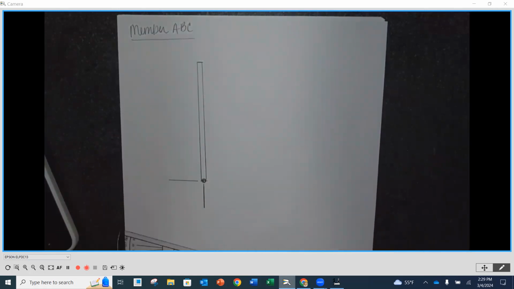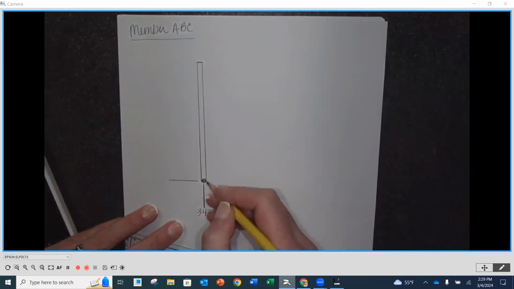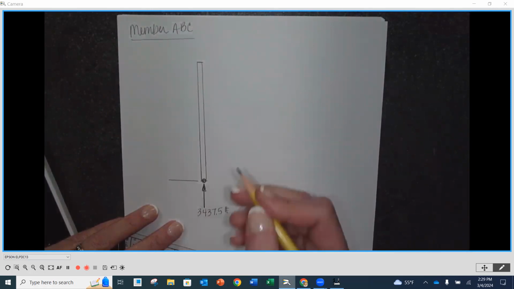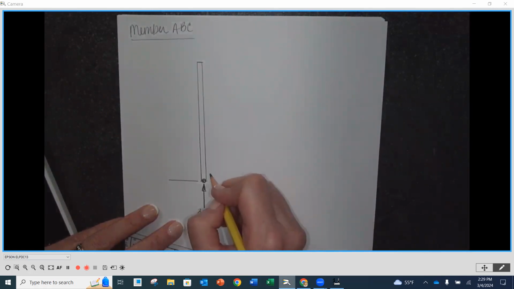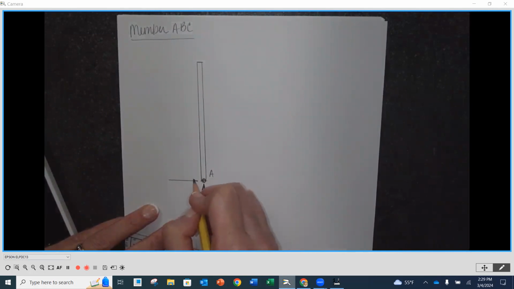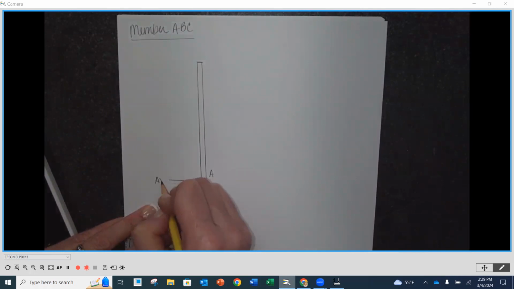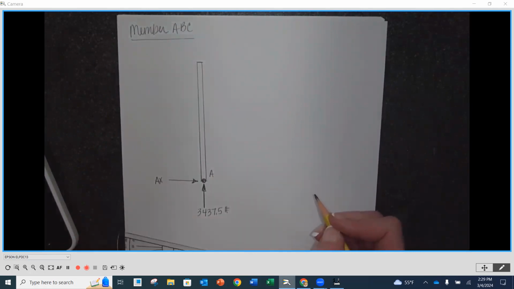The AY I know to be 3437.5 pounds, and I know it's going up, so it stays in its exact same location. This is point A. AX, I assumed going to the right originally, so I'm going to keep it in that same orientation. Again, a reaction at a support is an external load or an applied load in that same class, so we want to make sure that we put it in the same direction.